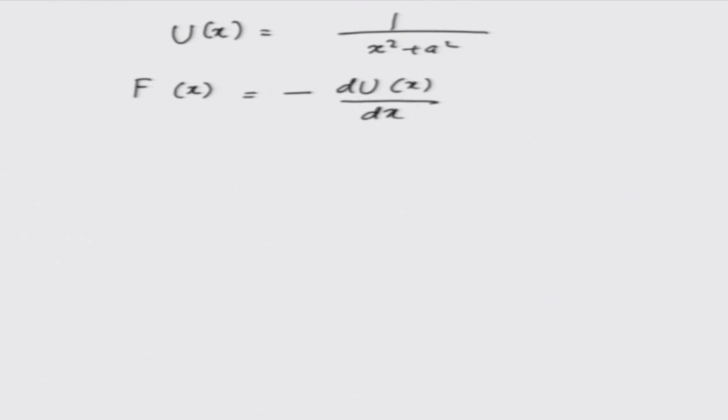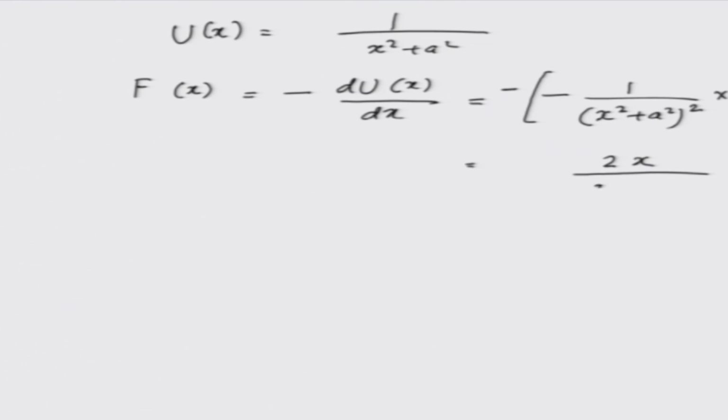The second problem in this is U(x) equals 1 over x square plus a square, and therefore the force F(x) is going to be minus dU by dx, which will be minus 1 over x square plus a square whole square times 2x, and there is a minus sign on the outside, which comes out to be 2x over x square plus a square raised to 4.